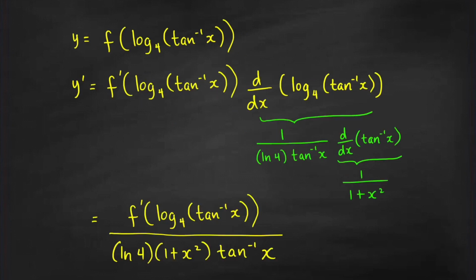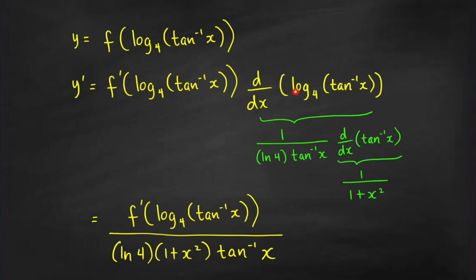Next problem, let's find the derivative of y, which is a function of log base 4 of tangent inverse x. So again, applying the chain rule. It is very important to understand the chain rule completely. Here we take first the derivative of the outer function evaluated at the inner one times the derivative of the inner function.